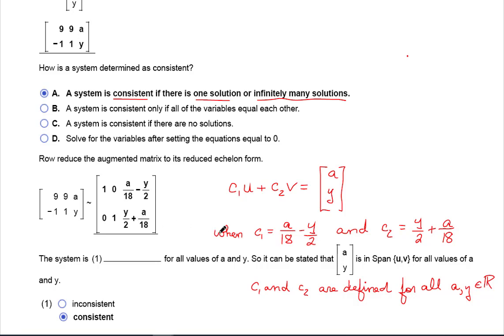And so anytime I've got C1 and C2 that would be of this form, here's C1, here's C2, it is in the span. And there's nothing about this that would ever make it undefined. Therefore, C1 and C2 are defined, so it is in the span for all possible choices of A and Y.